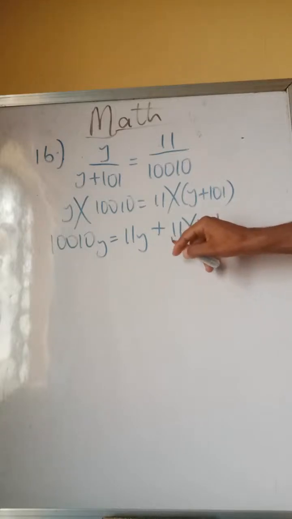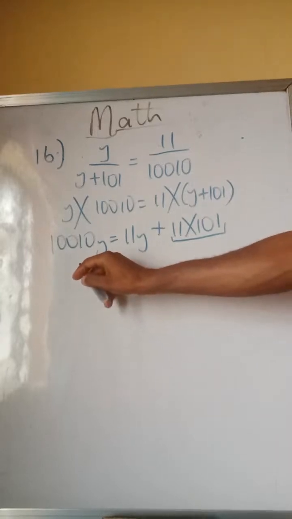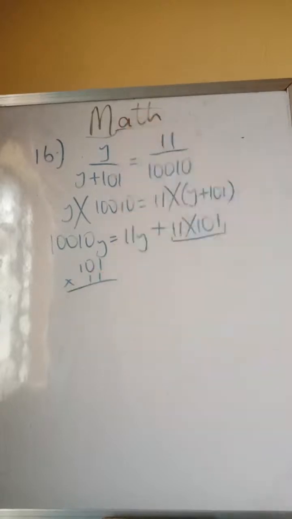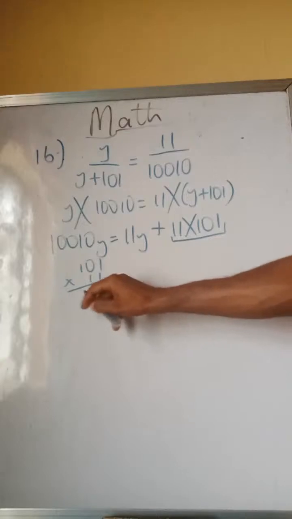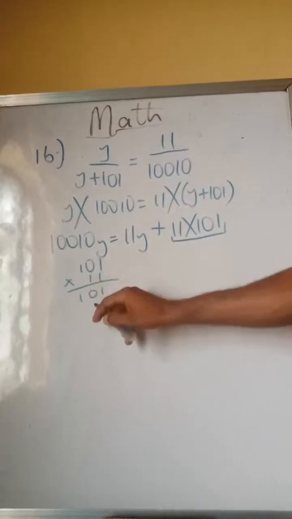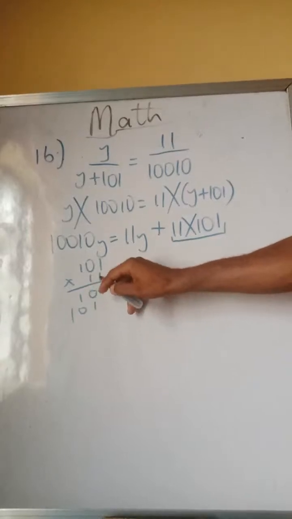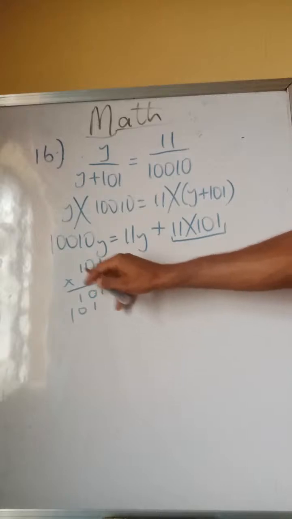Now let's sort this out. And that gives you 101 times 11. You have 101. You also have 101. How did I get it? This one multiplies this one to give you 1, 1 times 0, 1, and 0, 1 times 1 is 1.